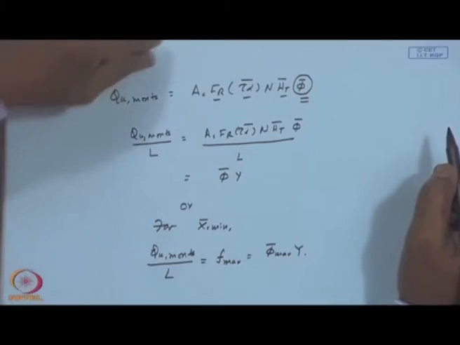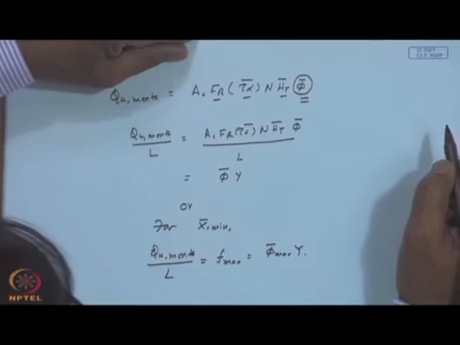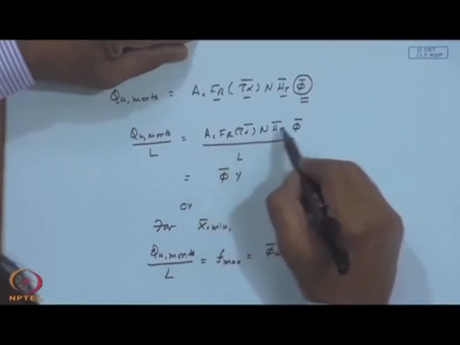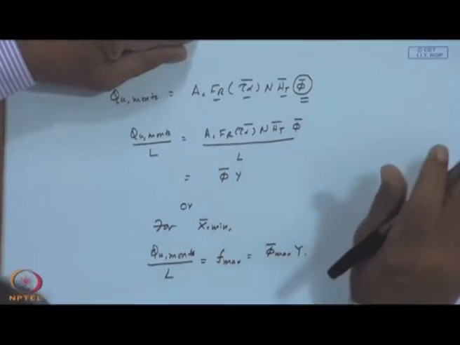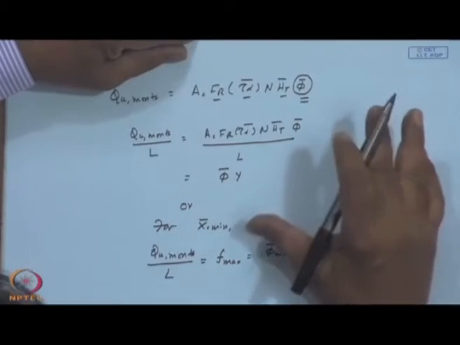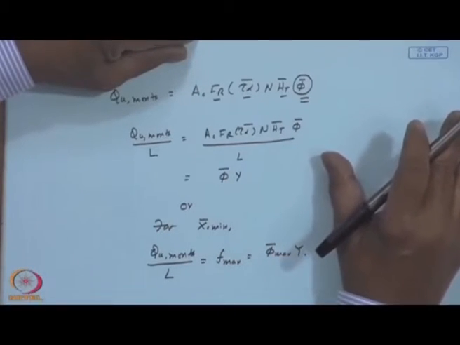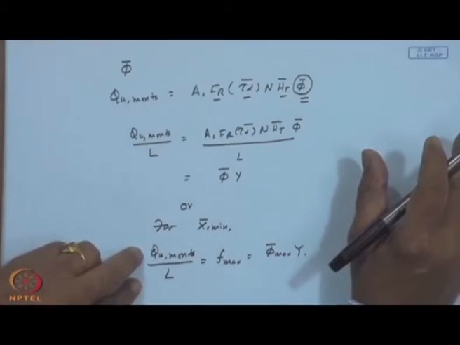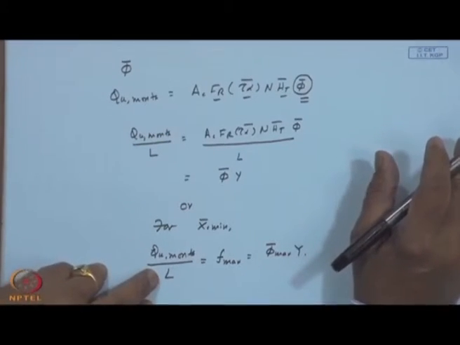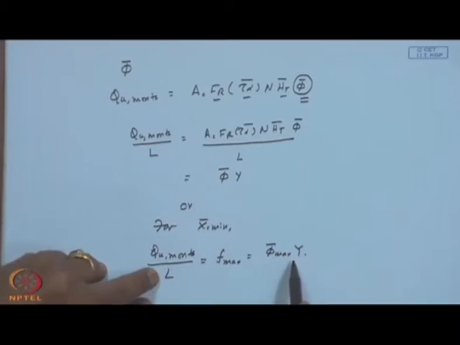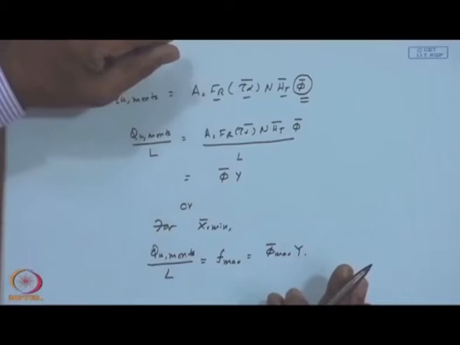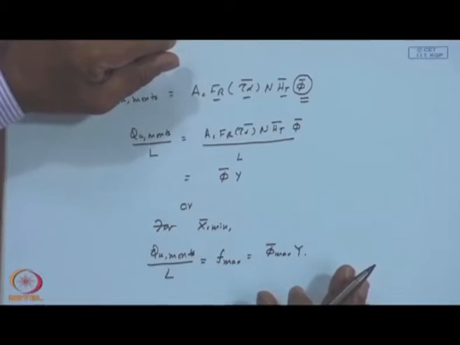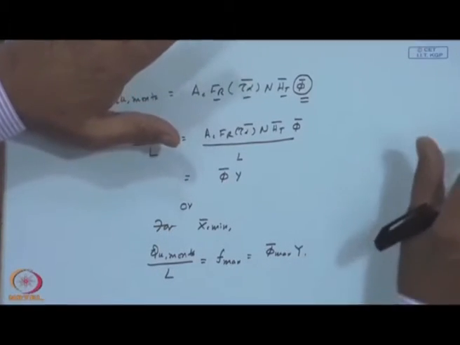If you recall the definition of the non-dimensional absorbed energy, F r tau alpha bar n h t bar by L is nothing but my y. So, if phi bar max is the corresponding utilizability for the x c bar minimum, in a way this Q u month, if I normalize with the load, I will have a product phi bar max times y, which in one sense is the absolute maximum solar load fraction that the system can supply without other calculations.